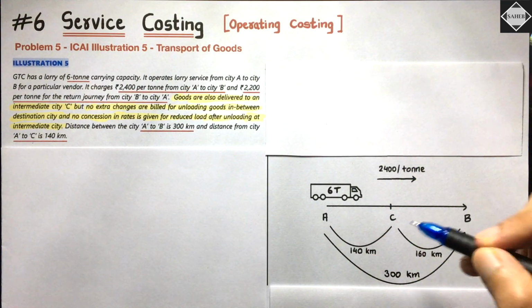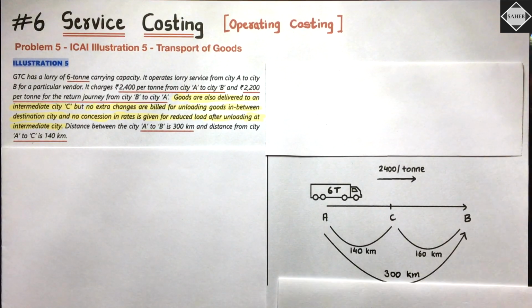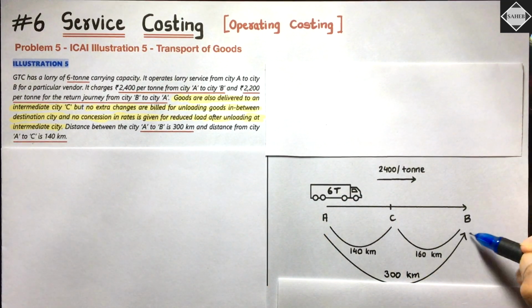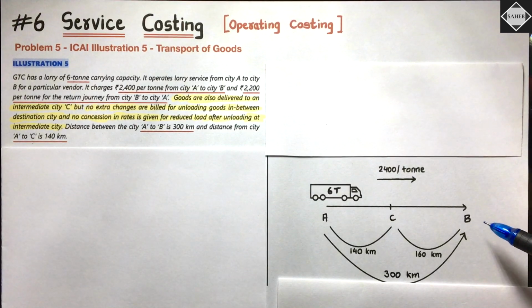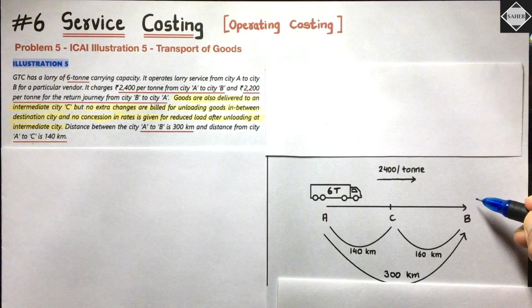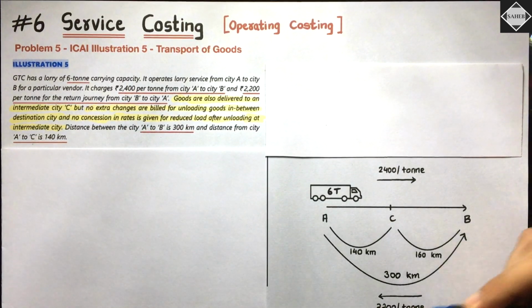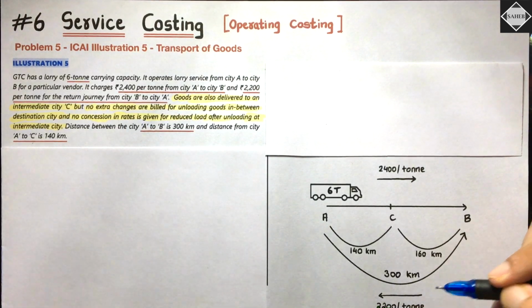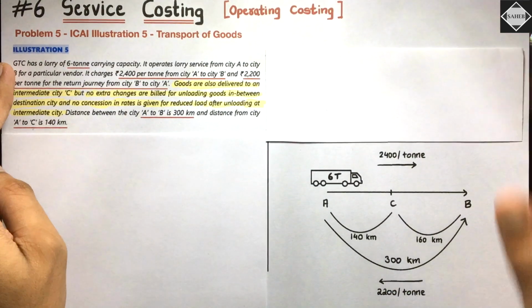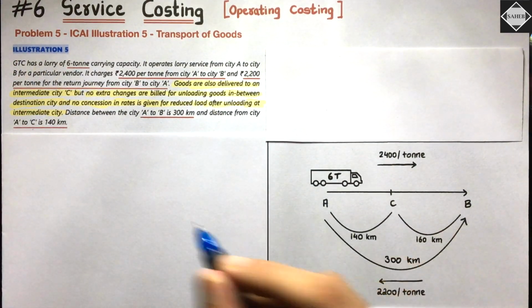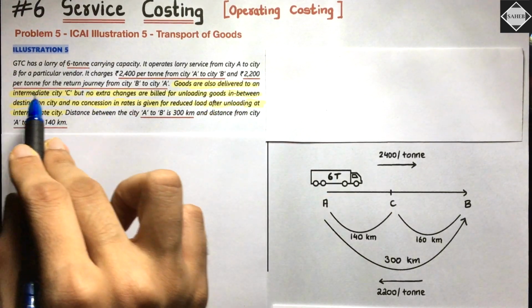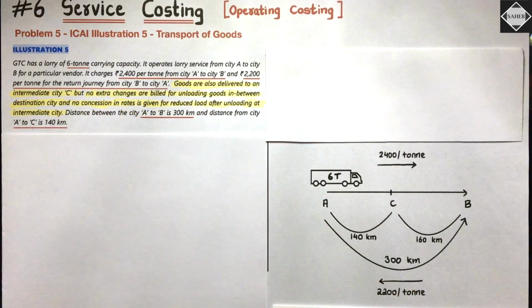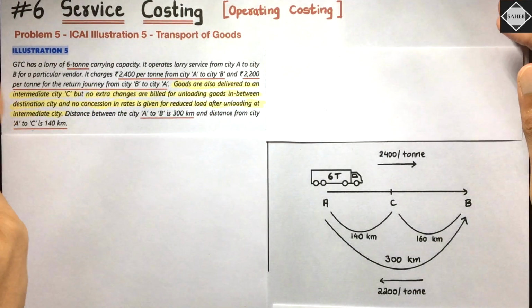It doesn't matter whether we are unloading at city C or city B. Is it clear? And then when returning, at city B, if we are loading 6 ton, then 6 ton into 2,200. Because 2,200 per ton is the charge for the return journey from city B to city A. Is it clear?